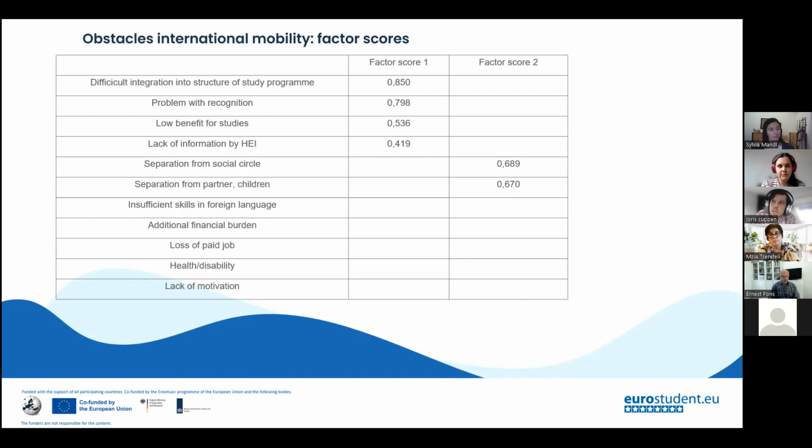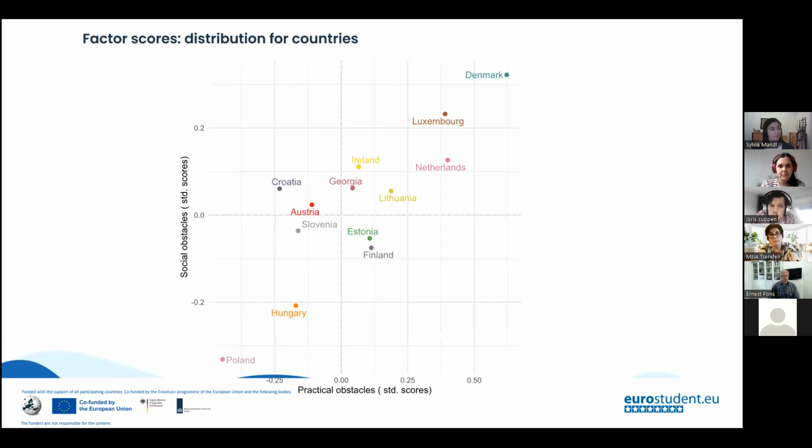And as a second step, in the next slide, we looked at how these scores vary for countries. So you can see on the x-axis the practical obstacles, and they're standardized scores, so the mean is 0 here for the total of all students.